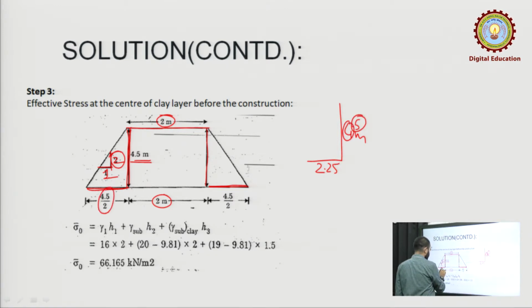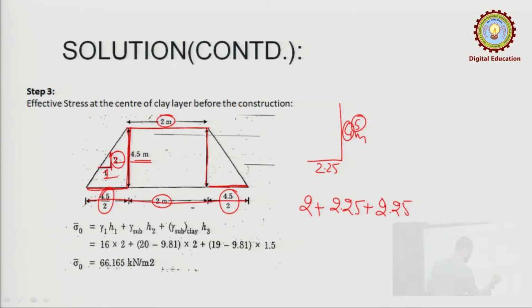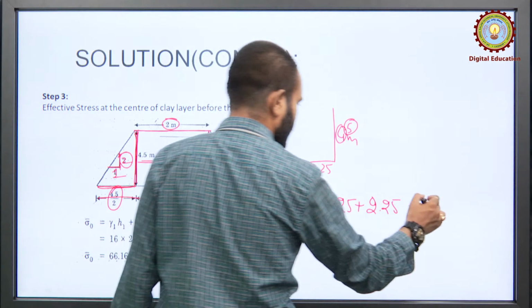So this will be this much and this much at both sides. Now add this whole layer: 2, this one, plus 2.25 for this one, plus 2.25 for this one. So what is the sum? 2 plus 2 plus 2, 6, and 6.5.